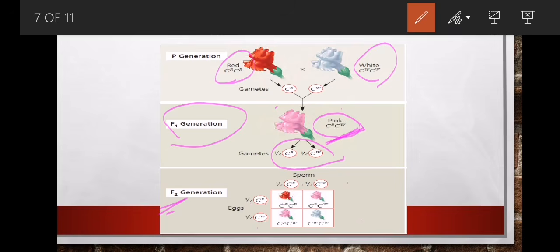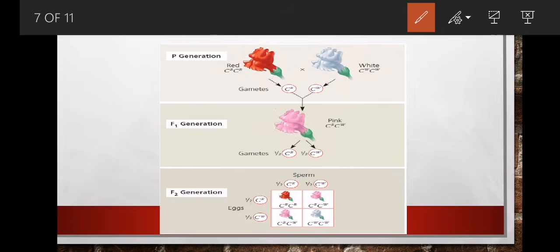What was the question? The question was, what is the phenotypic ratio of the second filial generation? Let's look at it. How many red do we have? This one is red, this one is pink, this one is pink, this one is white. So we have one red.